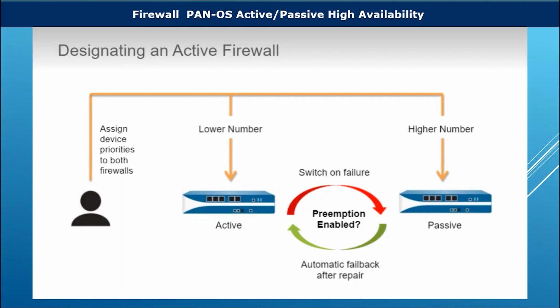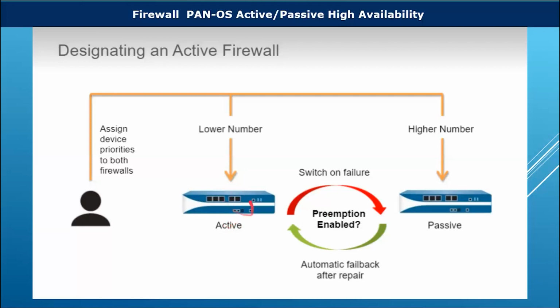So now, how will it work? Guys, here we have the active device. Here we also have the priority value, right? In this priority value, the lowest number will become your active and the highest number will become the standby. So every time the lowest number will become the active.